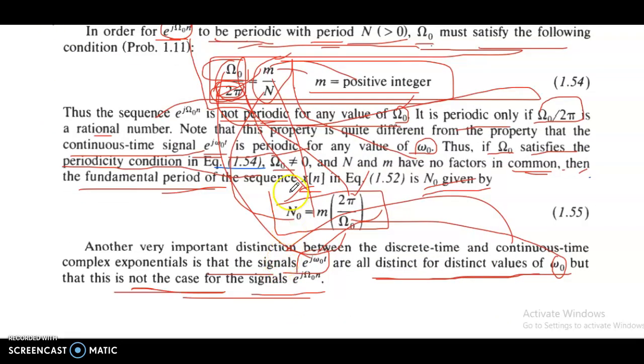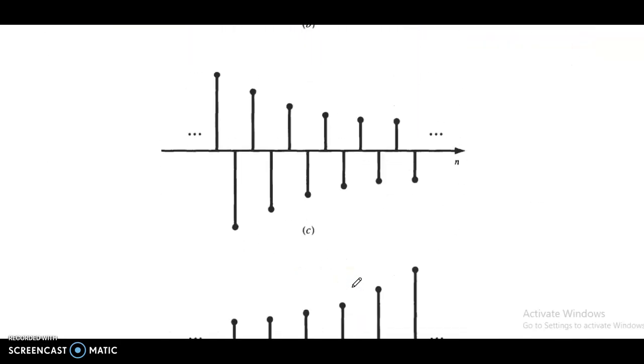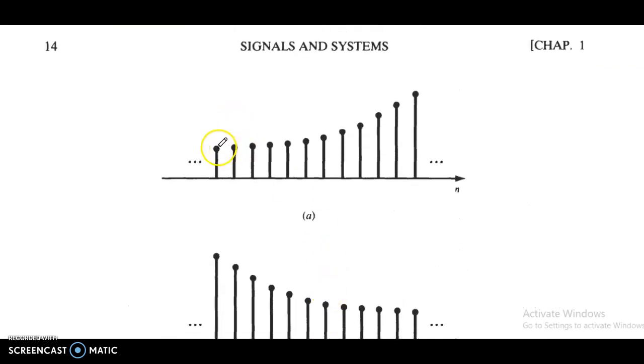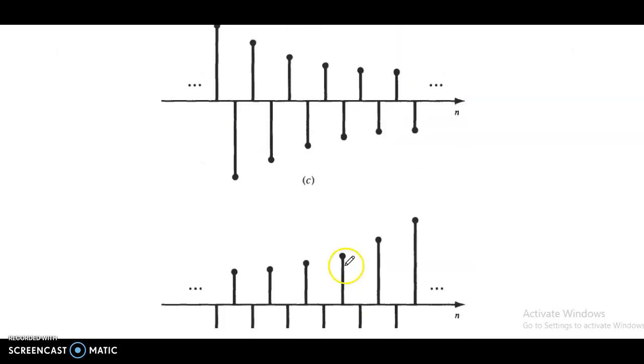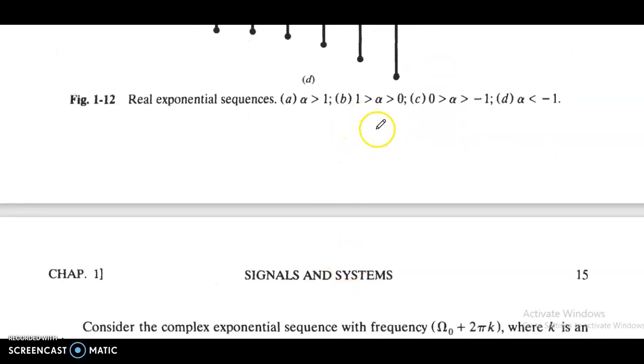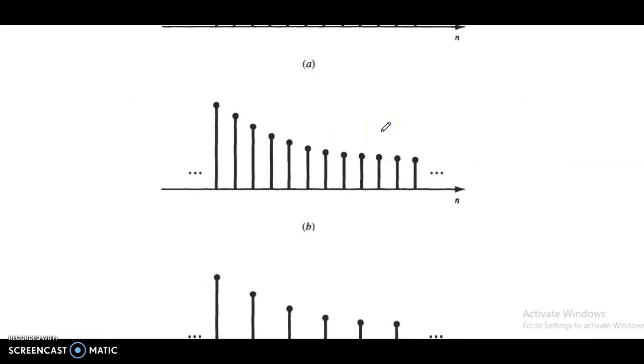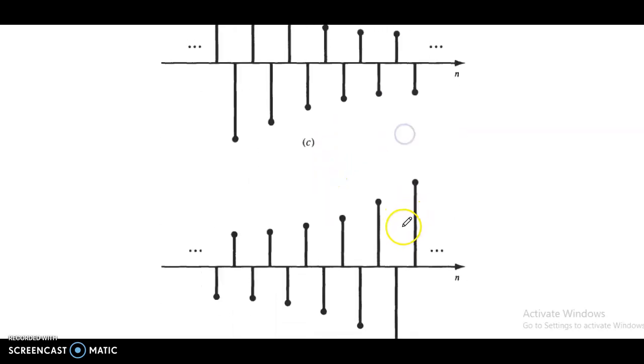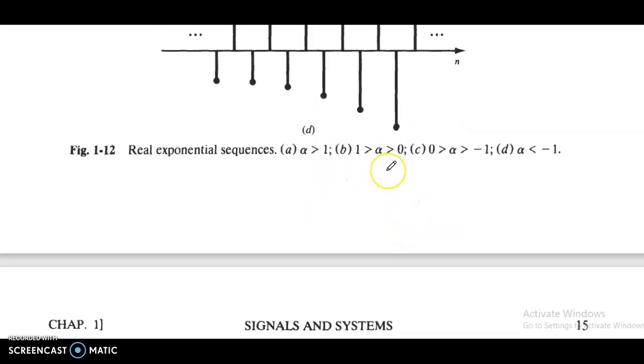That's why here omega naught divided by 2 pi is m power n. So alpha is greater than 1 for figure A. For figure B, 1 is greater than alpha, alpha is greater than 0. For C, 0 is greater than alpha, alpha is greater than -1.